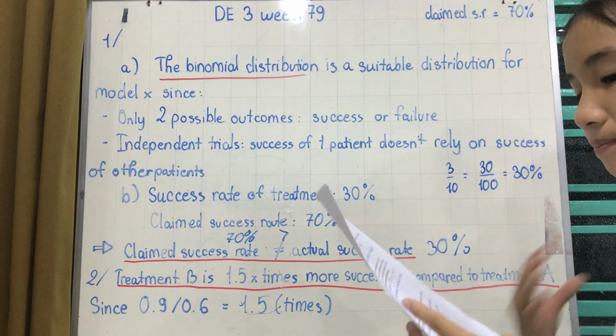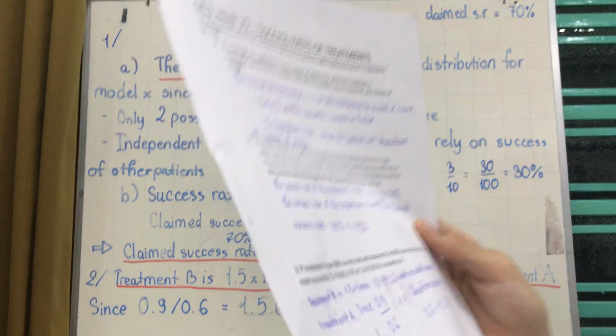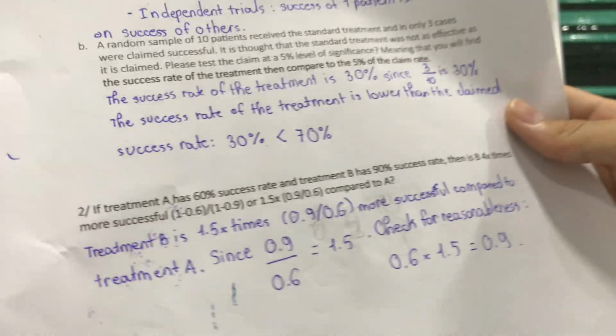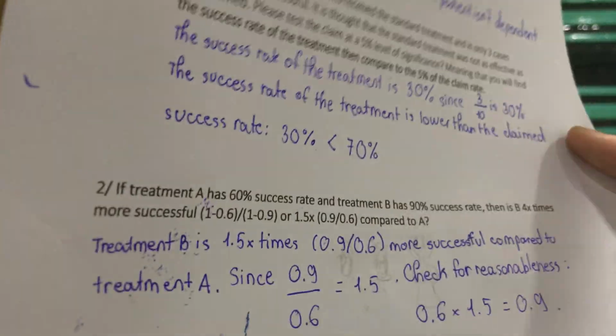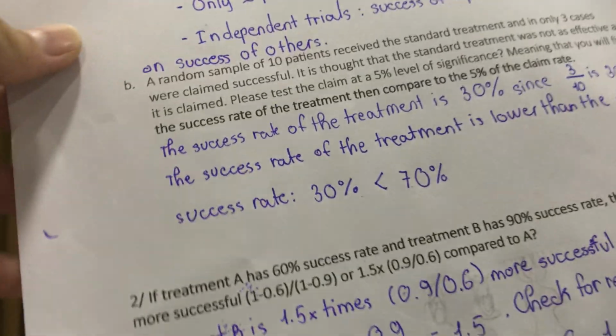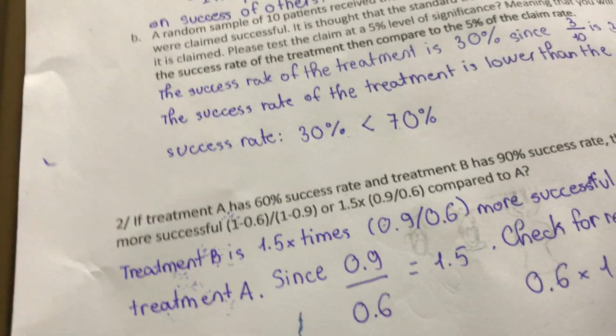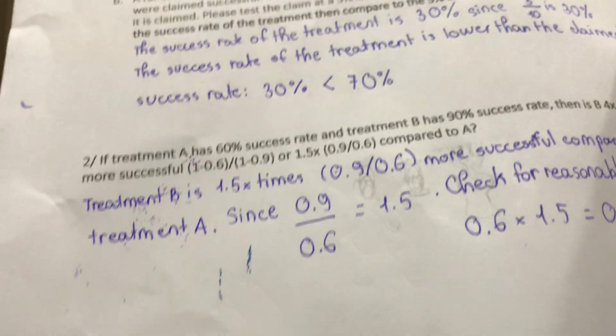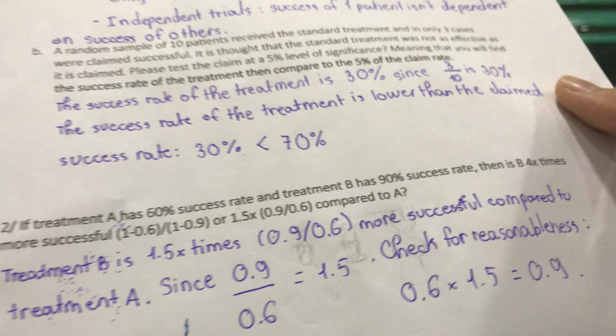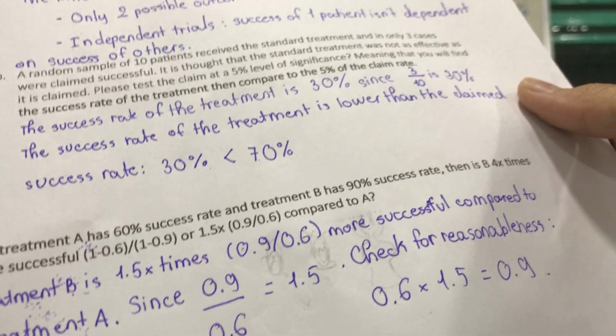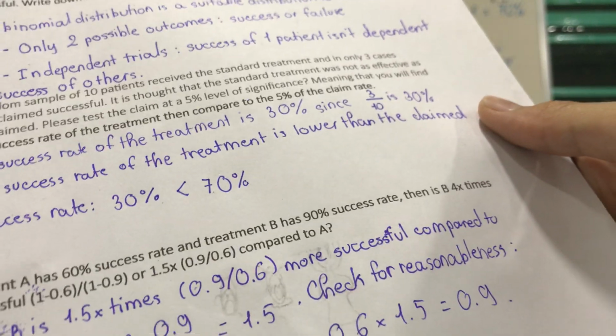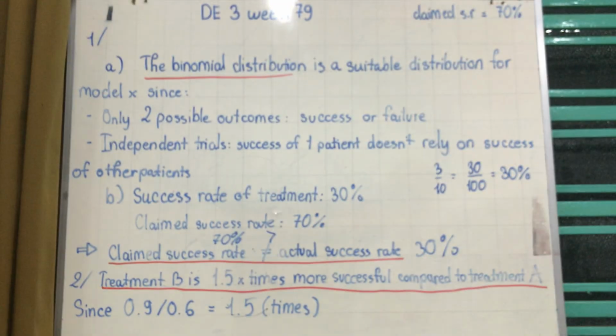Then for problem B, if treatment A has a 60% success rate, and treatment B has a 90% success rate, then is B 4 times more successful, or 1.5 times more successful compared to treatment A?